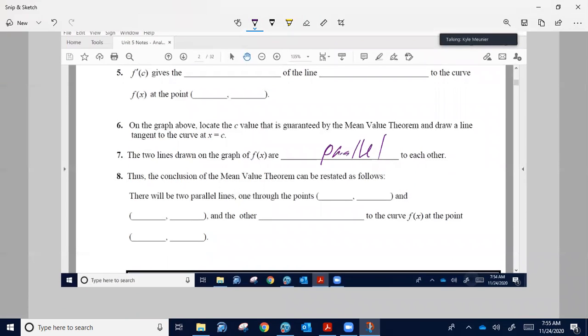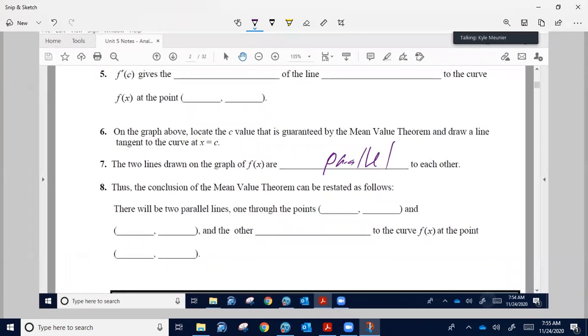Thus, the conclusion of the mean value theorem can be restated as follows. There will be two parallel lines, one through the points A, F of A, and B, F of B, and the other is tangent to the curve at the point C, F of C. The tangent line has to equal the secant line.